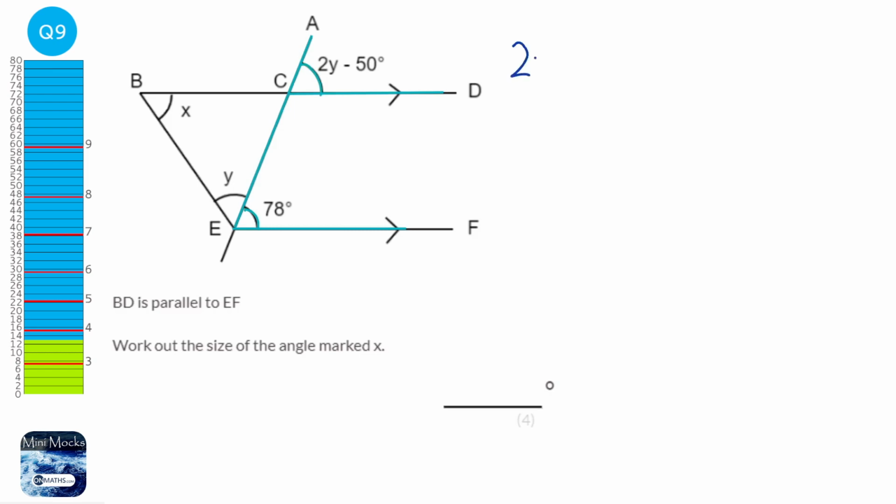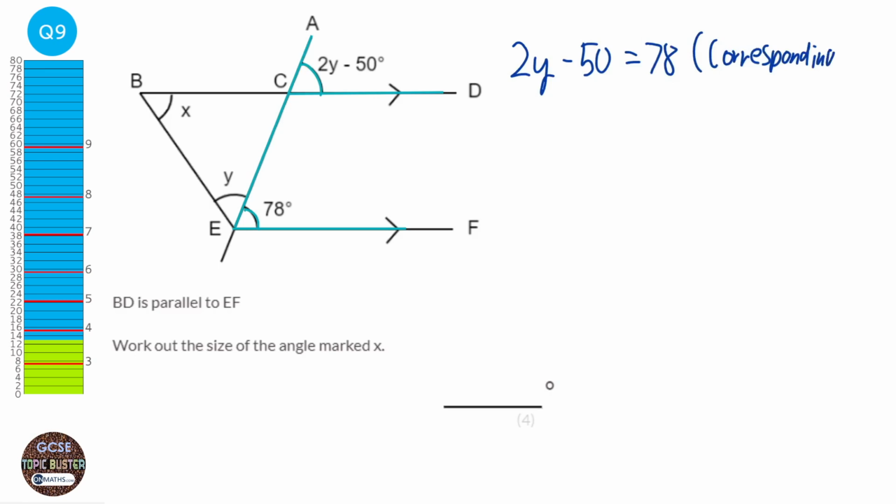So we know that 2y minus 50 is equal to 78. And we must write down the reason, so corresponding angles. And corresponding angles are equal. Now here we've got an equation and we want to solve it, so we get our lines in. We'll go first of all, add 50 to both sides.